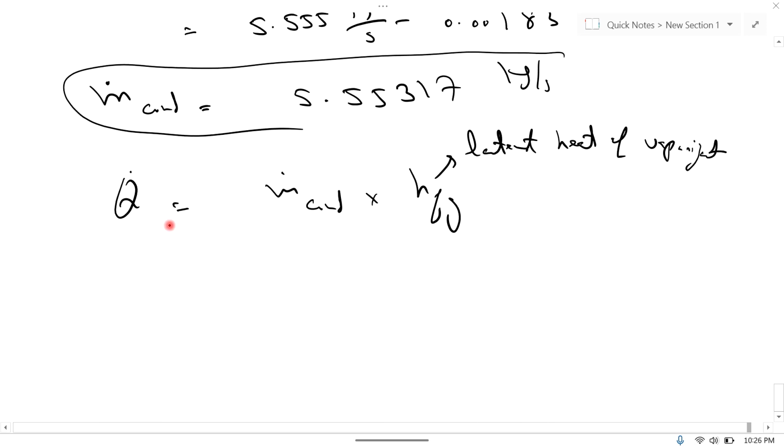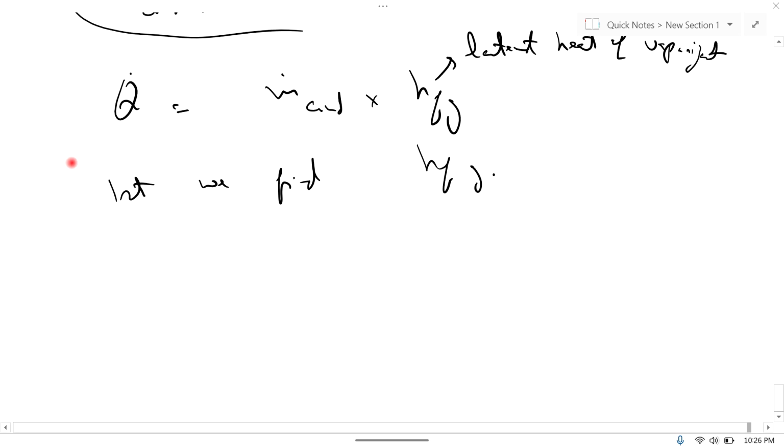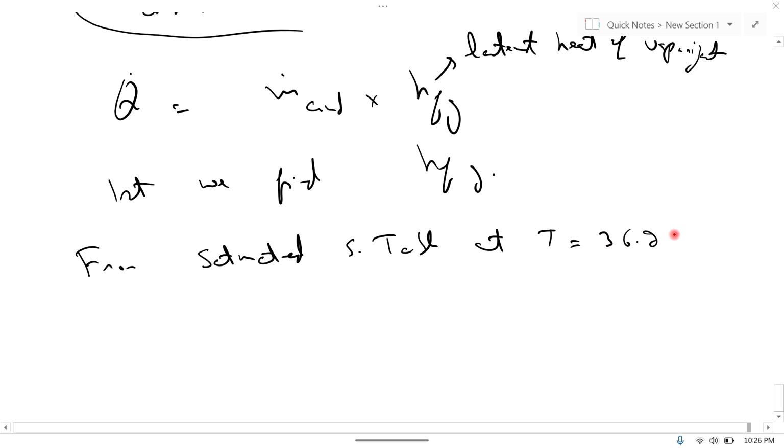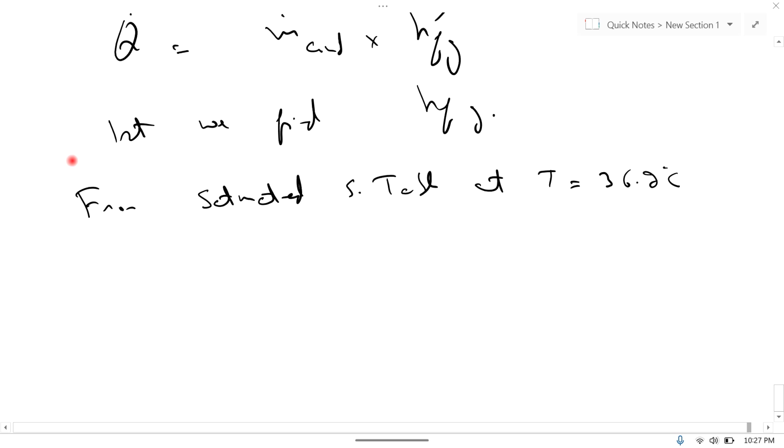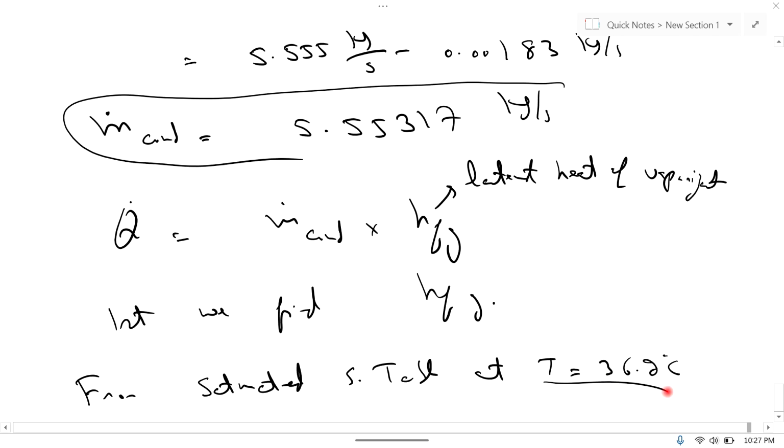So heat rejected is equal to mass flow rate of condensate multiplied by latent heat of vaporization. So first we find hfg from saturated steam table at temperature equal to 36.2 degrees centigrade. This is latent heat. So at this temperature the steam is dry saturated.